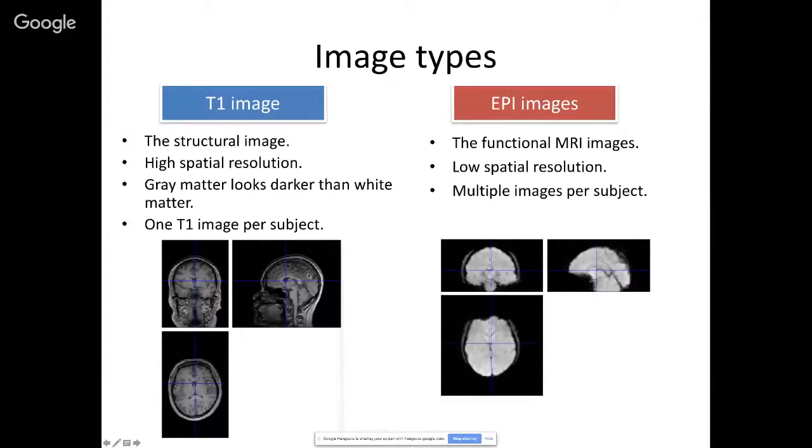You can see the details of the structure of your brain. In our data set, we collect the T1 image, which is one category of structural image, with very high spatial resolution. In the T1 image, you can see the gray matter, which contains the cell bodies of the neurons.